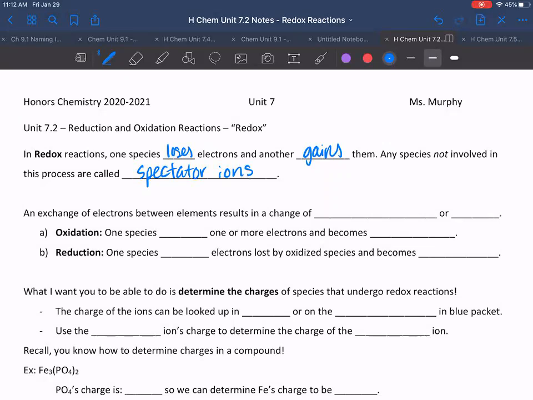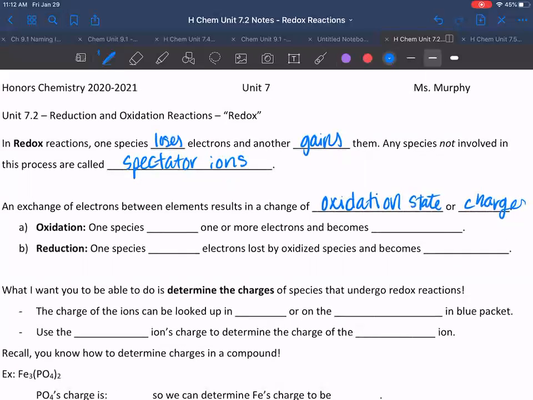If we are having an exchange of electrons, this means that we're going to have a change of oxidation state, which is just a fancy term for the charge of these species. Breaking down each of these terms, oxidation is the losing.